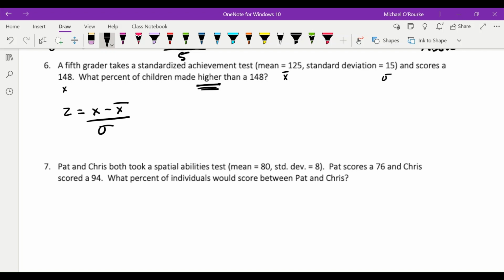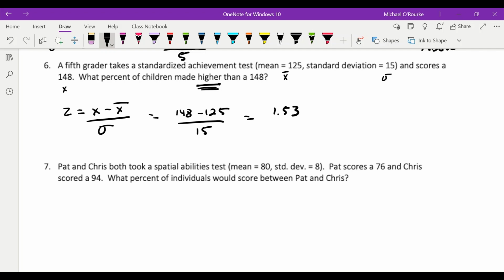Now feel free to pause it if you want to try it yourself before I get to the answer. So this is going to equal, my x is 148 minus 125 divided by 15. 148 minus 125. So I have 1.53 as my answer.